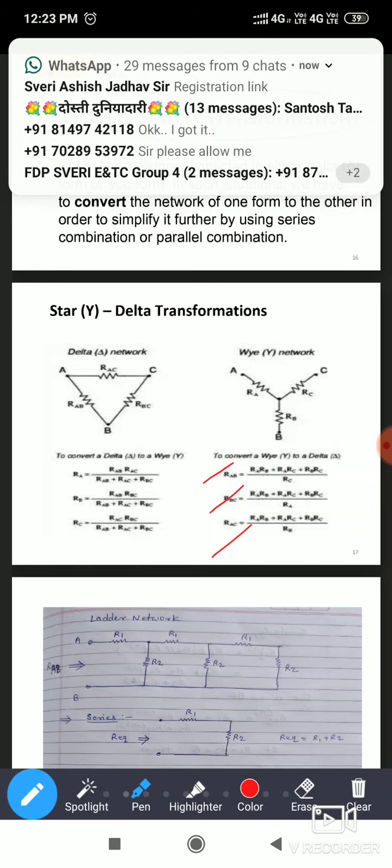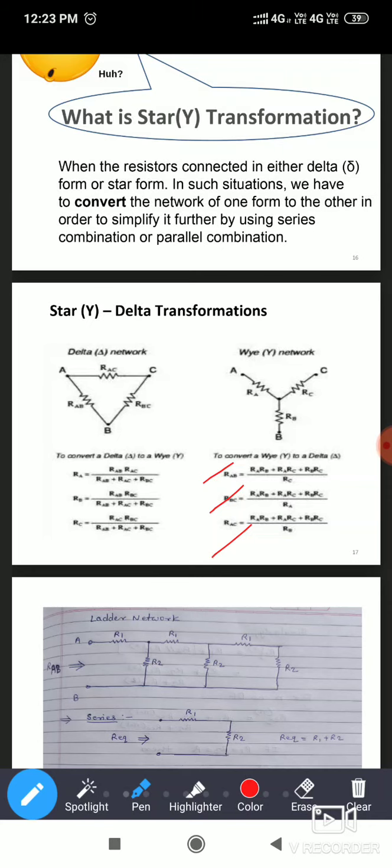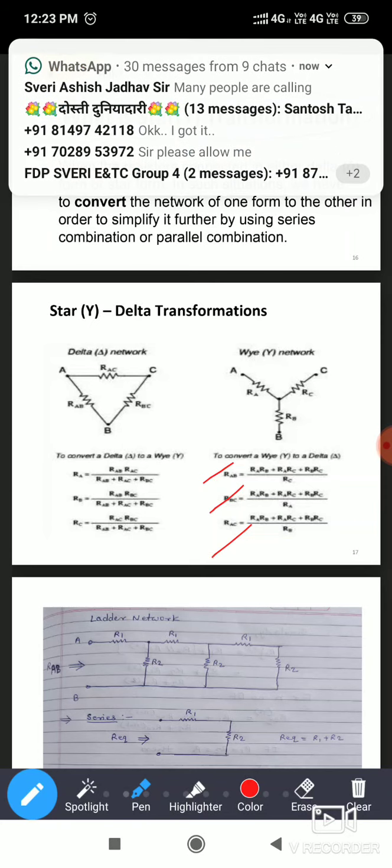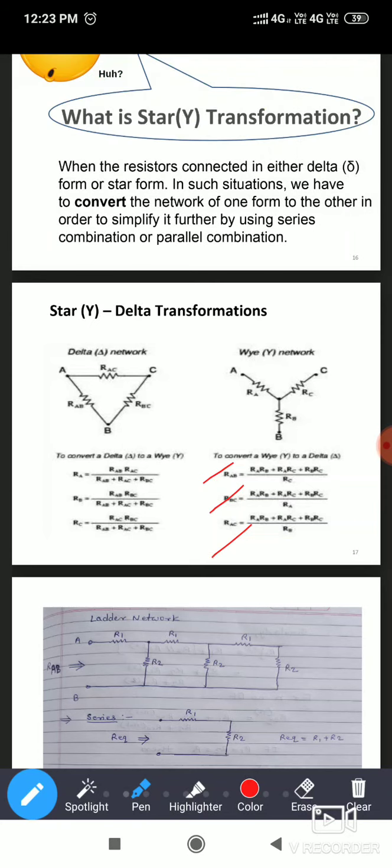The numerator is RA into RB plus RB into RC plus RC into RA, that is the sum of products. So the sum of products you keep in the numerator as it is, only the denominator will change. So according to that, you have to use the formulas.